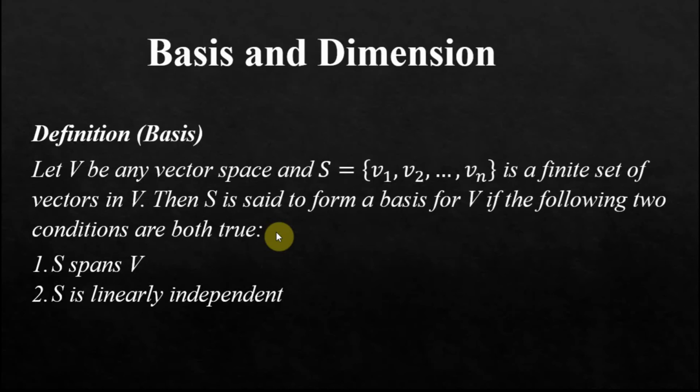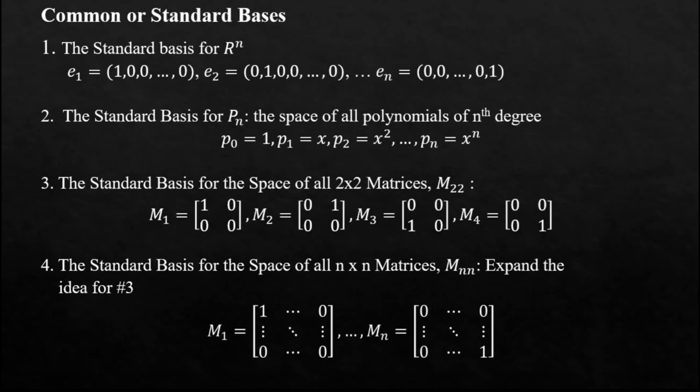So let's look at some examples of bases. The standard basis for Rn, we call it the Euclidean basis. E sub 1 is equal to the 1 in the first position, then zeros following, and then you can see E sub 2 and so on.